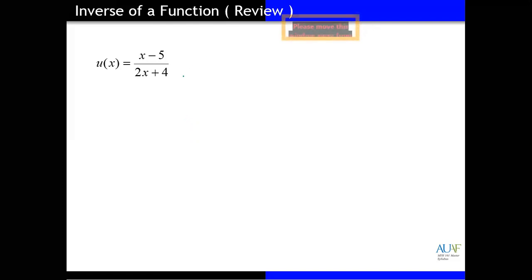So this is our final simplified function. Then put the denominator not equal to 0: 2x plus 4 must not equal 0.